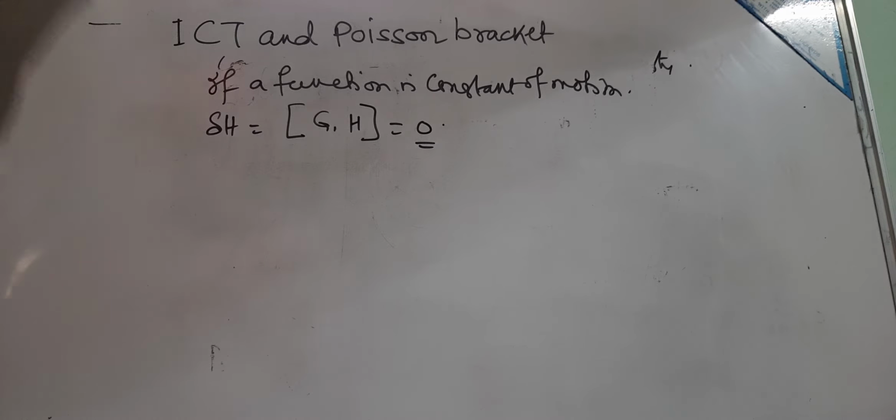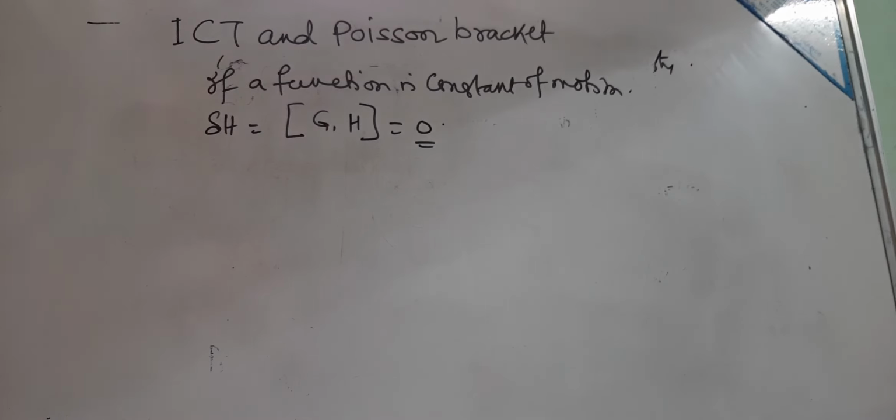So consequently, if the constant of motion is the generating function, then under this ICT the Hamiltonian remains invariant. So the momentum conservation theorem appears as a special case of the general statement.